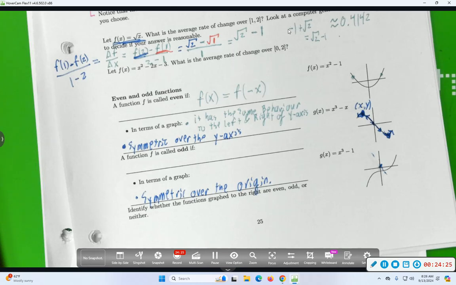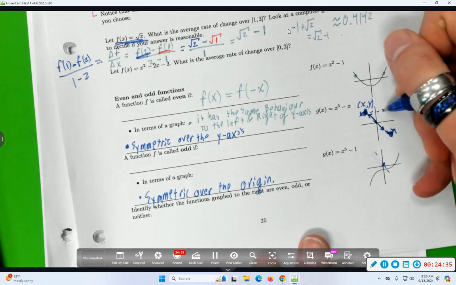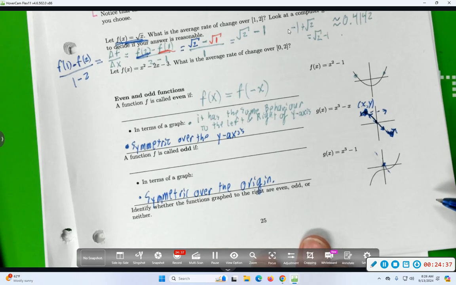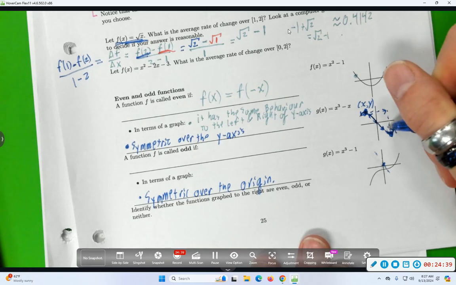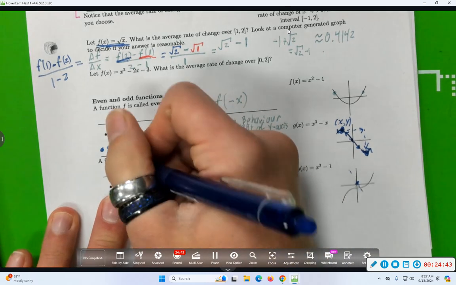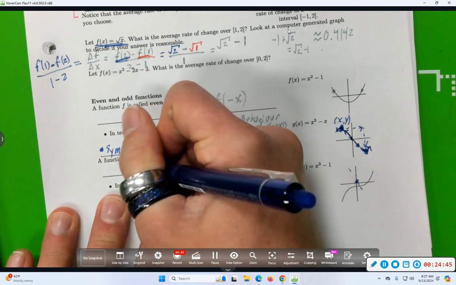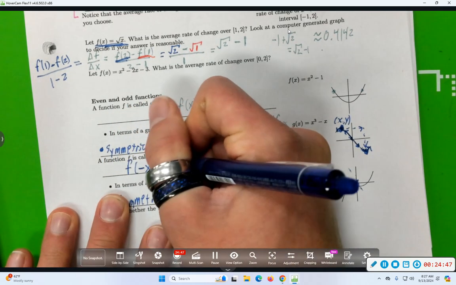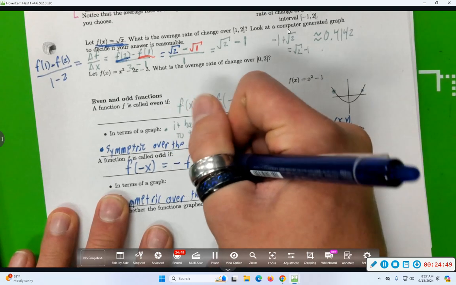I think exactly the opposite. Their values stay the same, but they both become negative what they used to be. Right, the x value is exactly the opposite. It's over the y-axis. The y value then also becomes the exact opposite. So a function is called odd if, when I make the input negative, the output becomes negative.